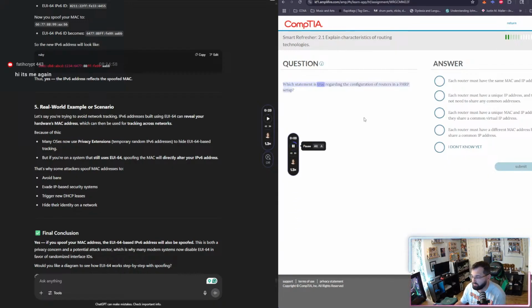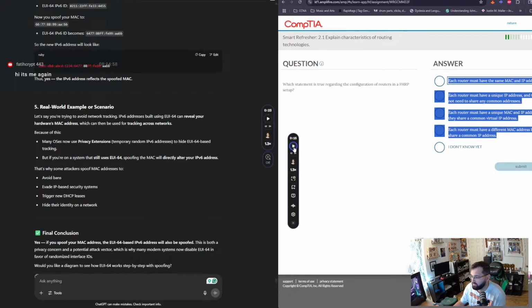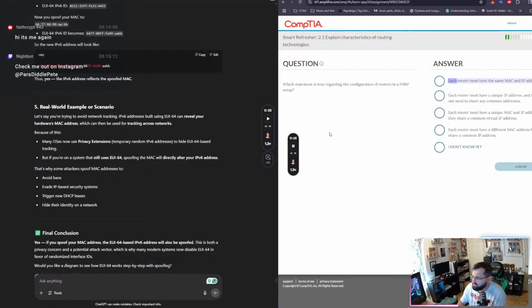Which statement is true regarding the configuration of routers in a FHRP setup? Each router must have the same MAC and IP addresses. Each router must have a unique IP address, and they do not need to share any common addresses. Each router must have a unique MAC and IP address, but they share a common virtual IP address. Each router must have a different MAC address, but can share a common IP address. No, they have to share a common virtual IP address.